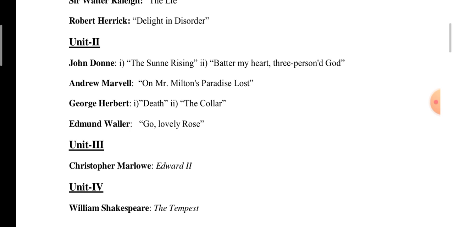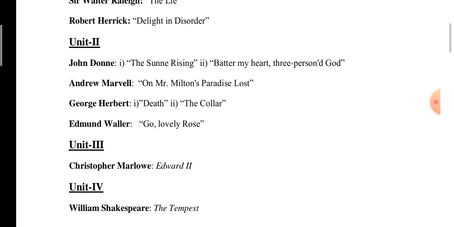Then the second unit has poems. John Donne, The Sun Rising and Batter My Heart, Three Persons God. Andrew Marvell's On Mr. Milton's Paradise Lost. George Herbert's two poems, Death and The Caller.